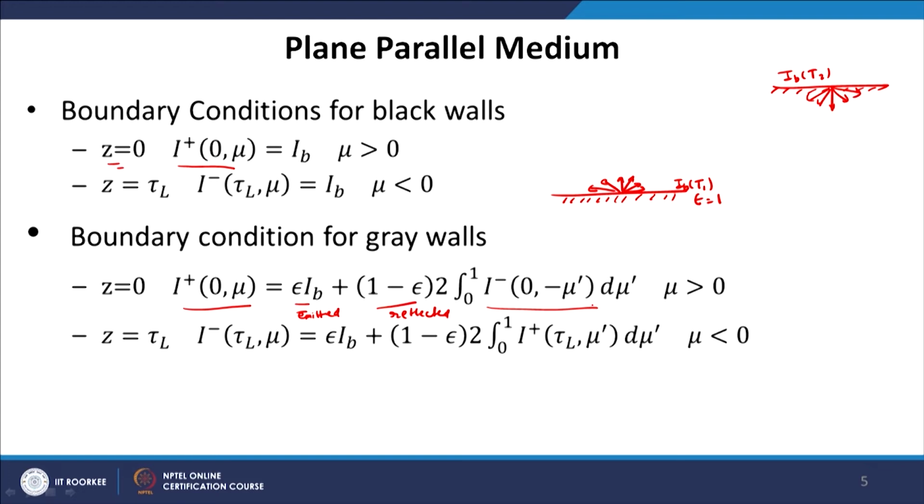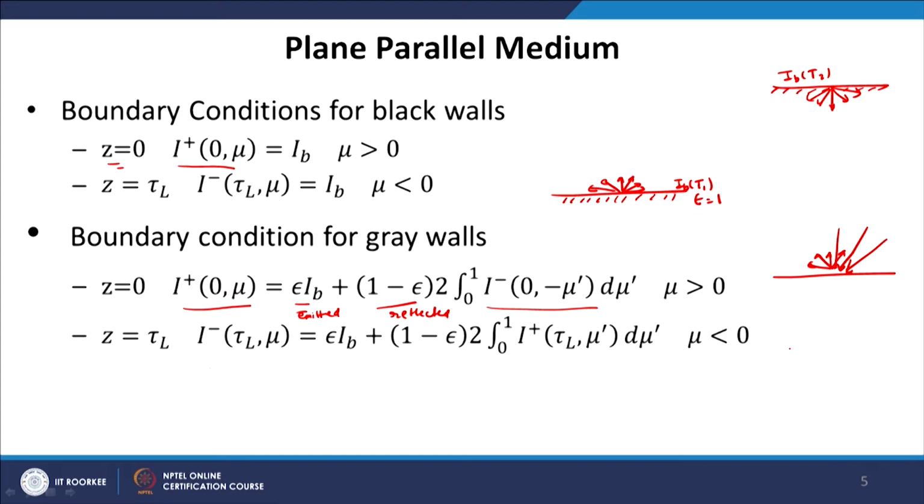We have taken minus mu. Why? Because the reflected radiation basically includes radiation coming from outside and then reflecting back. So, we are taking mu in the negative direction, that is downward moving direction for the reflection part, and same thing we do on the top surface.